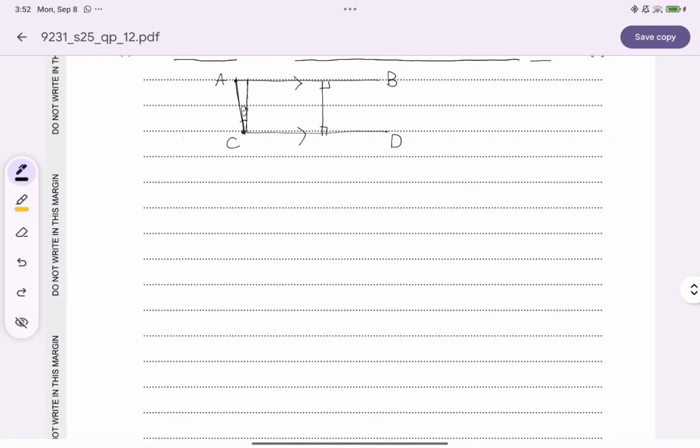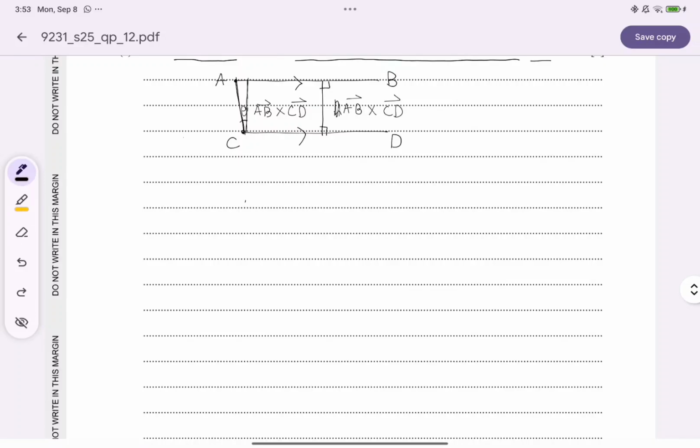We're going to let this common perpendicular be N, or just let this be AB times CD. So this is also AB times CD because it's parallel to the common perpendicular.